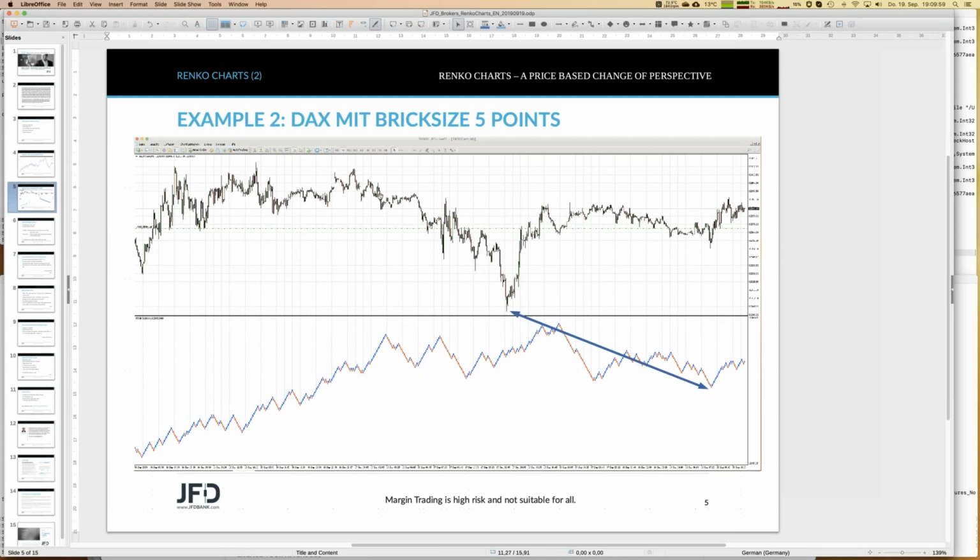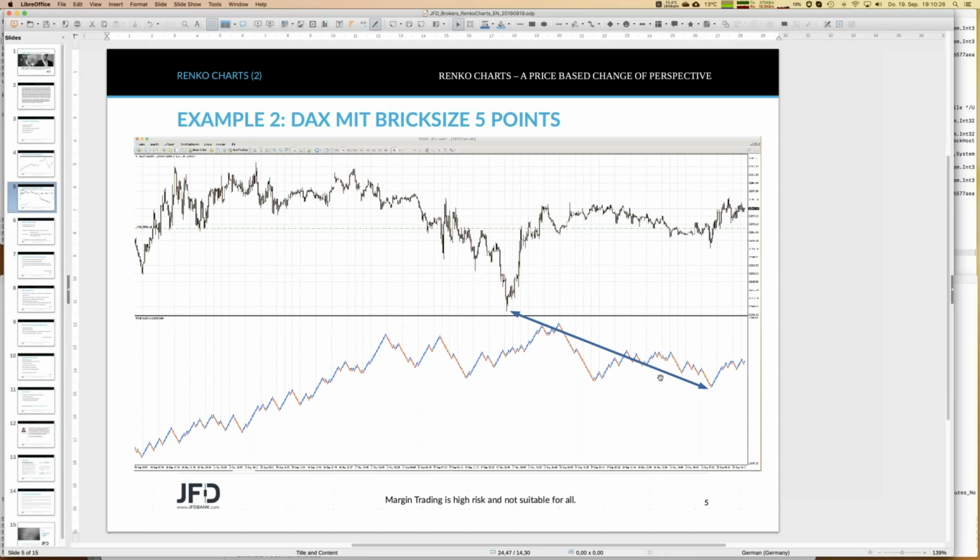There's no time-wise one-to-one translation. Of course, all the highs and lows we will find more or less in the Renko chart as well. But it doesn't matter that this peak is maybe that one here, and this peak is now this one. The structure is what really matters and what is important.